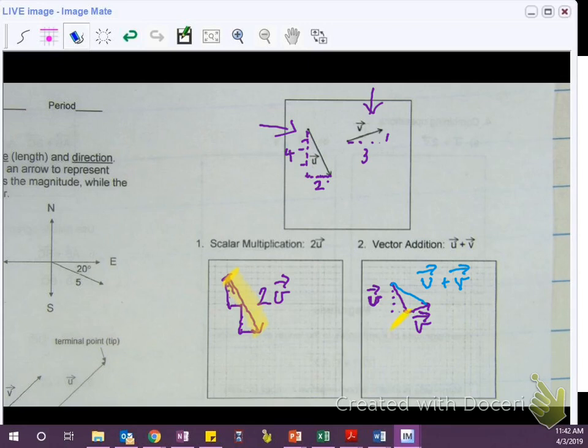So I start right here where it ends, and I draw the next one. So I simply draw U, and then I draw V, and then we connect the initial point to the terminal point, and that blue one is your resultant vector. So that represents the sum of U plus V.